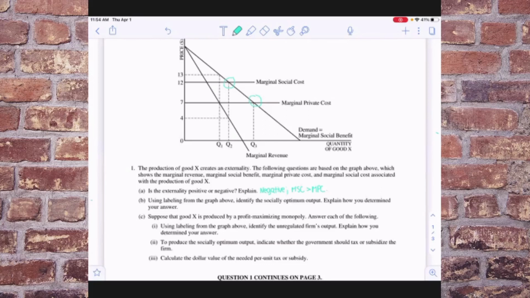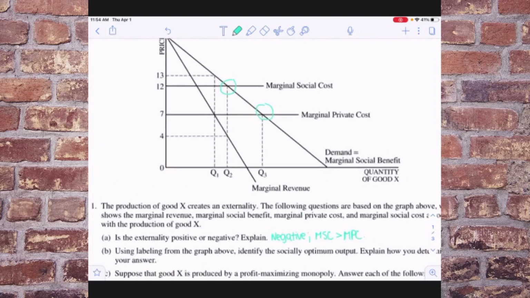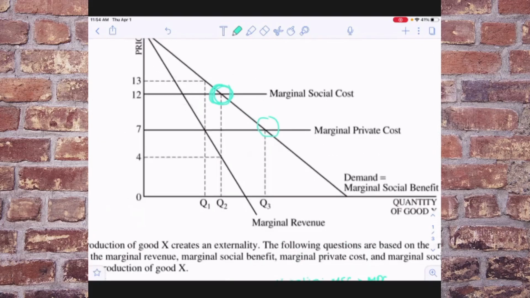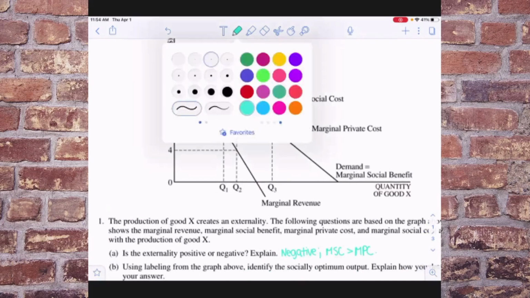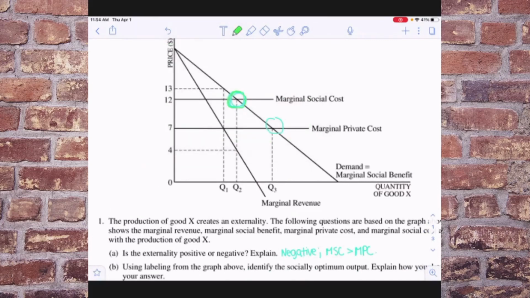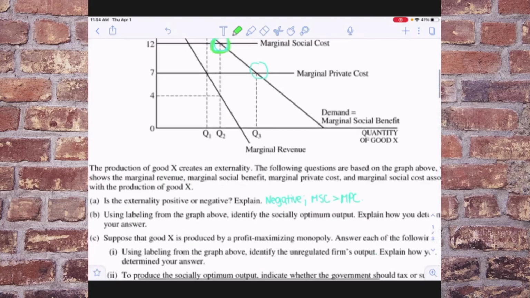Part B says using labeling from the graph, identify the socially optimal output. Explain how you got this output. So the socially optimal point would be where marginal social benefit is equal to marginal social cost. So that would be at Q2, right? Marginal social cost, I have it circled up there up top. I'll circle it in a different color. So we go down, we get Q2.